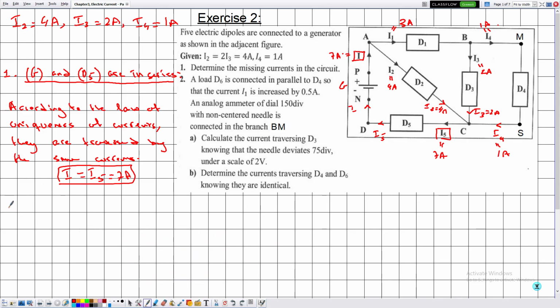Now in number 2 of this exercise, they are telling me a load D6 is connected in parallel to D4. Let's connect this load. So this is D6.